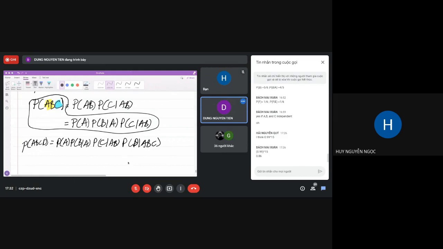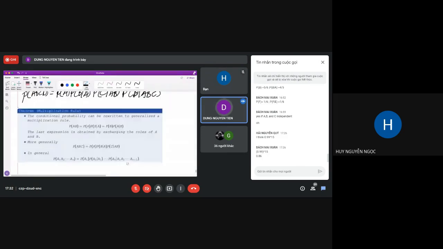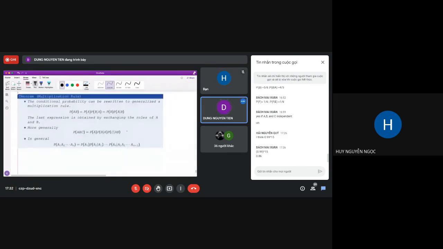Okay. So in general, the conditional probability can be written in the generalized multiplication rule like this, and then you come up with the formula for 3 events, and for more events, for n events. Any questions?